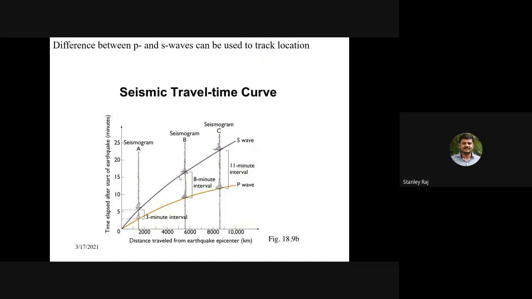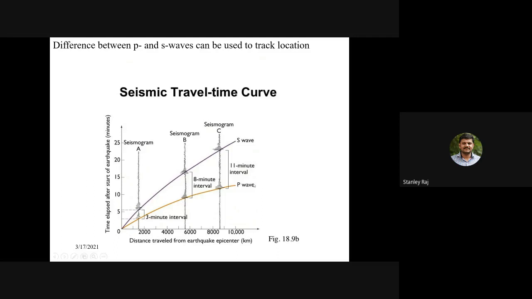This travel time graph explains how much distance the P wave covers and how much distance the S wave covers, and what the time lapse is. This graph is enough to explain where the earthquake happened and how much distance it is from one station to another. We can estimate it. So this is a standard graph.